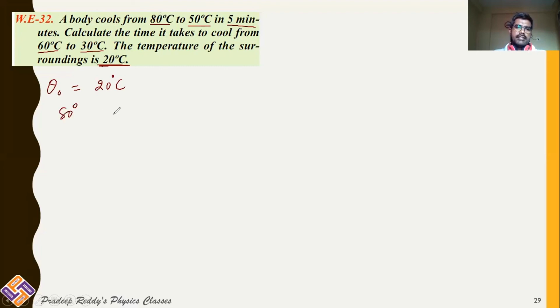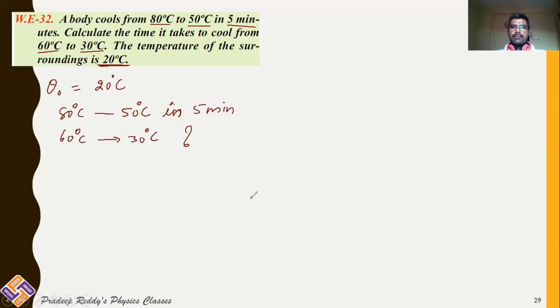From 80 it has decreased to 50 degrees Celsius in 5 minutes. I want to find out how much time it takes to decrease from 60 degrees Celsius to 30 degrees Celsius. The temperature of the surroundings is given as 20 degrees Celsius.